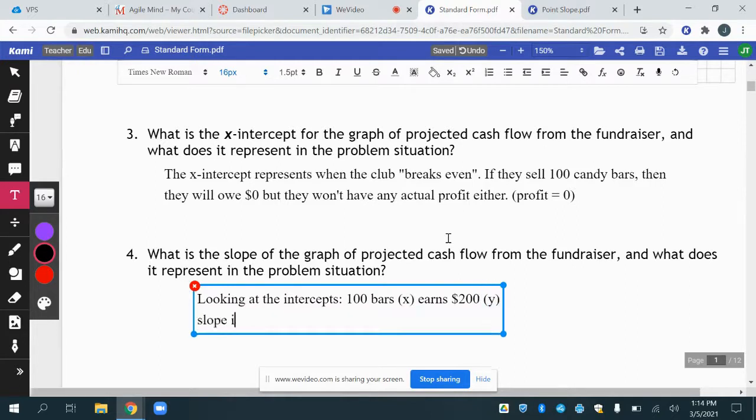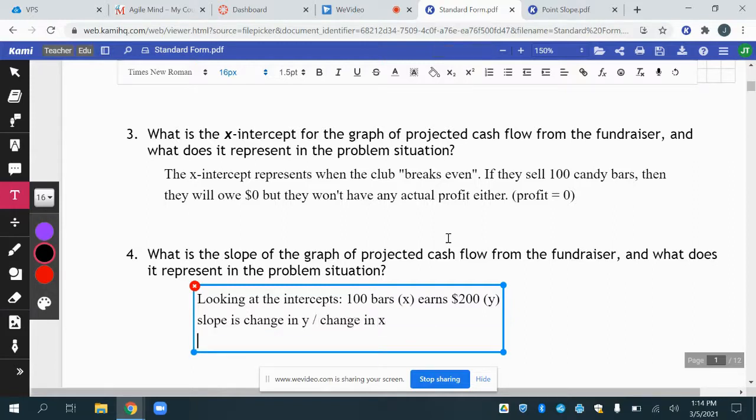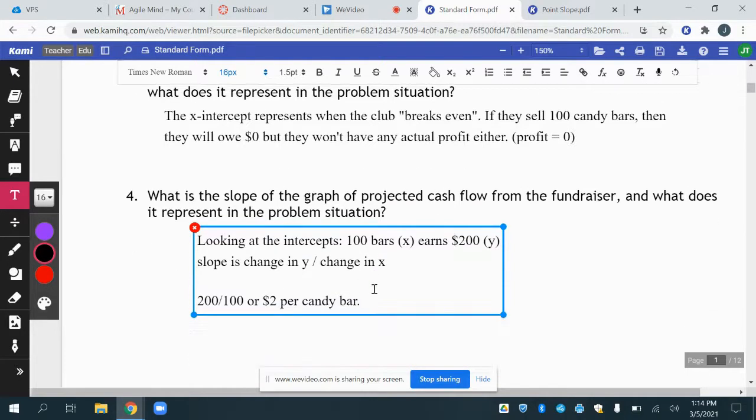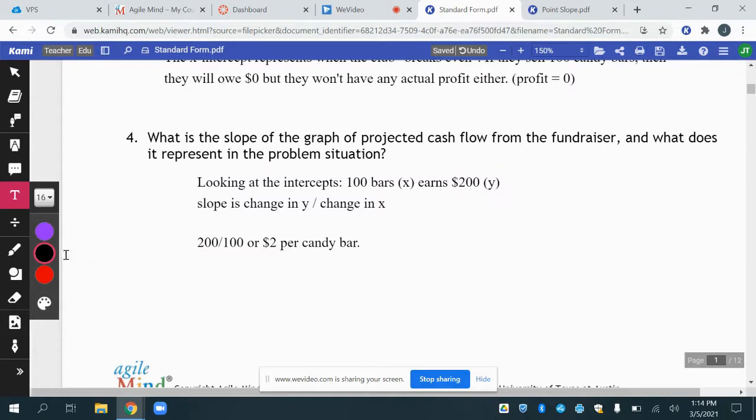Slope is change in y by change in x. Always y is on top. So that's 200 divided by 100, or $2 per candy bar. All right, that's what the slope represents. It's 2.